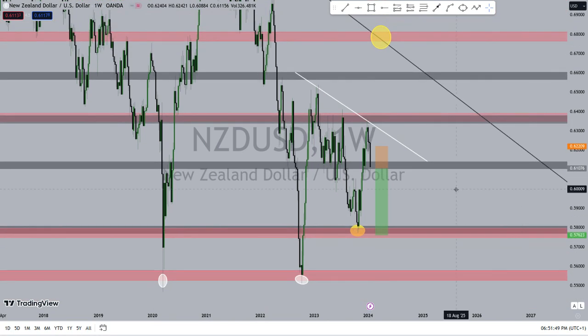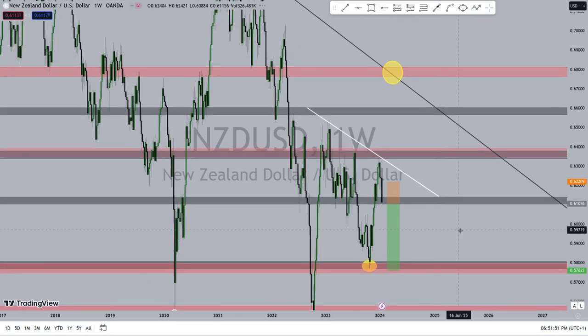Now, due to the fact that NZD USD has been trading bearish, it has been giving us lower low, lower high, lower low, came retraced, and now it has come to this, like an equal high right about this region. And I wasn't really paying attention at this region, guys. This is what I always say.